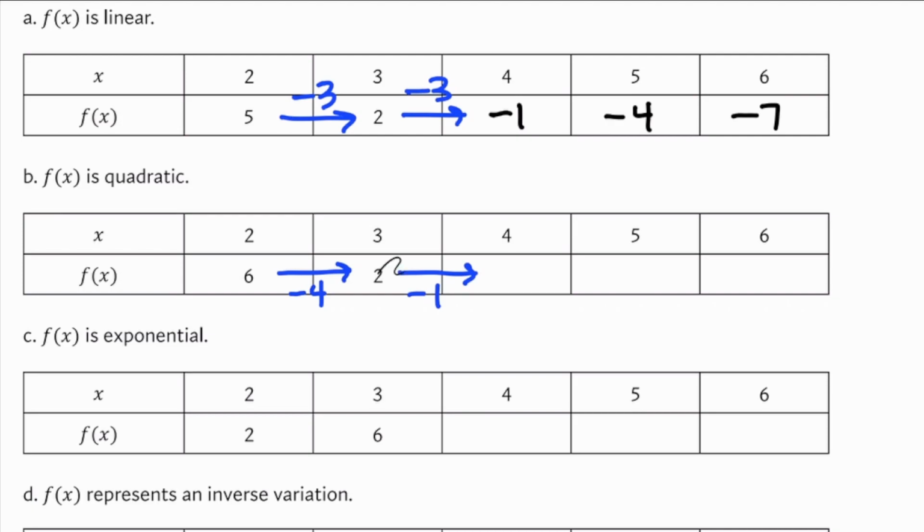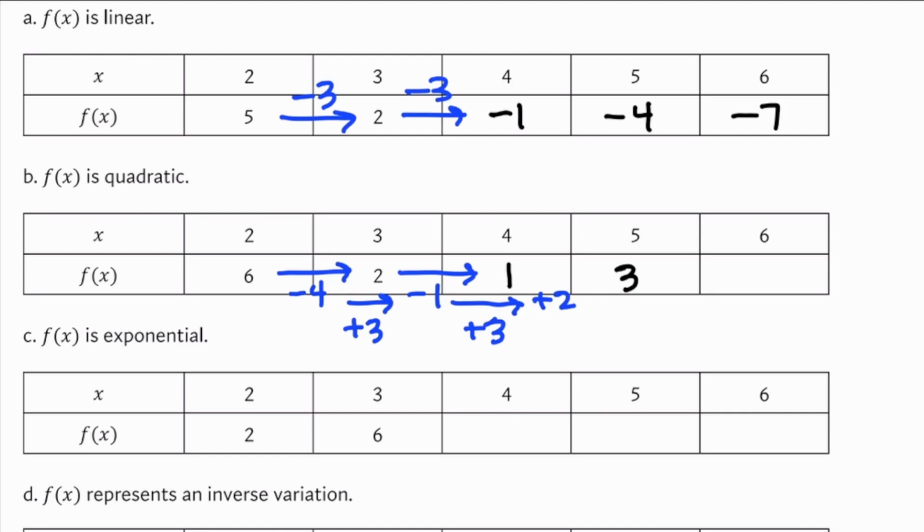So to go from 2 minus 1, that would just be 1. And then think about the second difference here. That's going to be an increase of 3. That needs to be constant, so I need this to be a plus 3 as well, meaning that now I need to increase by 2. So that would be 3.